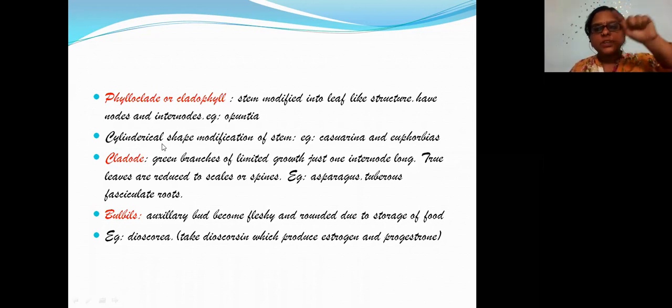Okay, so leaf, actually, how will you draw? The normal leaf shape will be what? It's like a convex lens. You draw like this, right? Convex. But here they are asking you an example where the stem has modified itself to a cylindrical shaped leaf. Okay, Casuarina is a very good example.